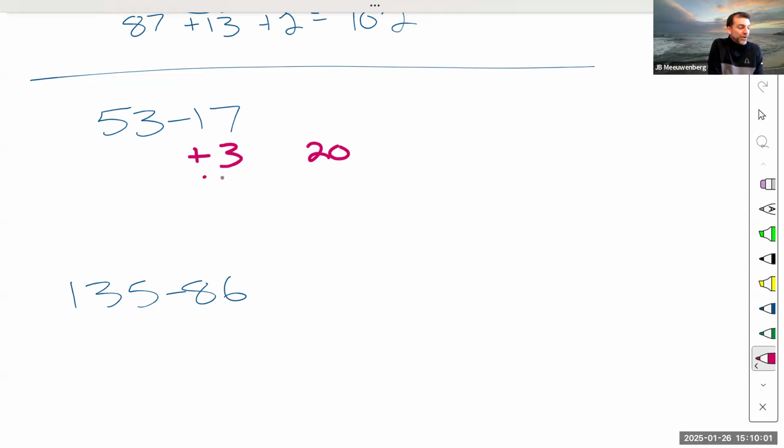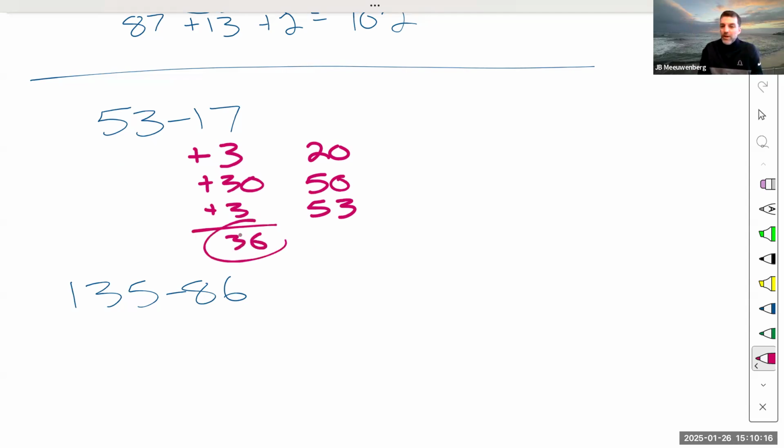So that would be adding another 30. That gets me up to 50. And then I have to go 3 more to get up to 53. There's my 53, 3, 33, 36. 36 would be our difference.